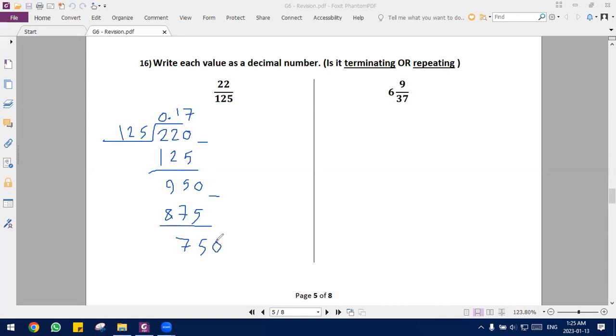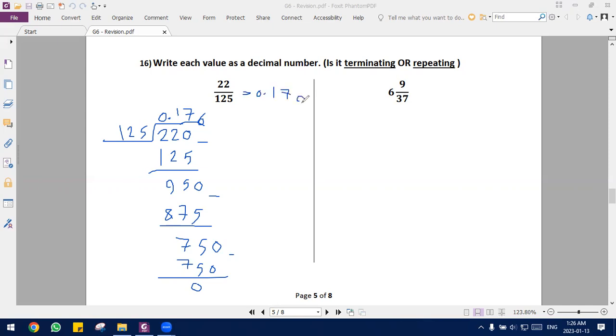Okay, now we can finish it. 750 divided by 125, this is 6. 6 times 125 is 750. And when you subtract, 0. Now it's done.